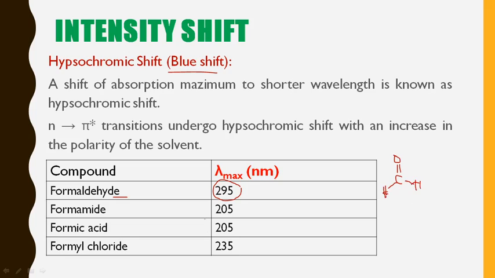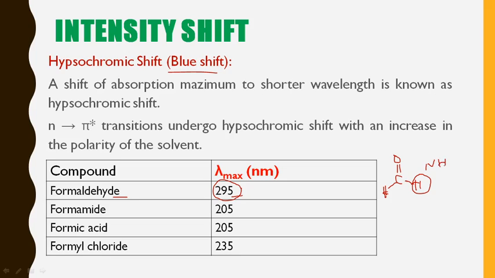this is formaldehyde. Formaldehyde has a C double bond O linkage, so it comes under the carbonyl category. As it is a carbonyl compound, it can exhibit n to pi star transitions, and n to pi star transitions will be exhibited at high lambda max. So, 295 nanometer. If you change the compound to formamide, one of the hydrogens is replaced by an amine group, NH2.